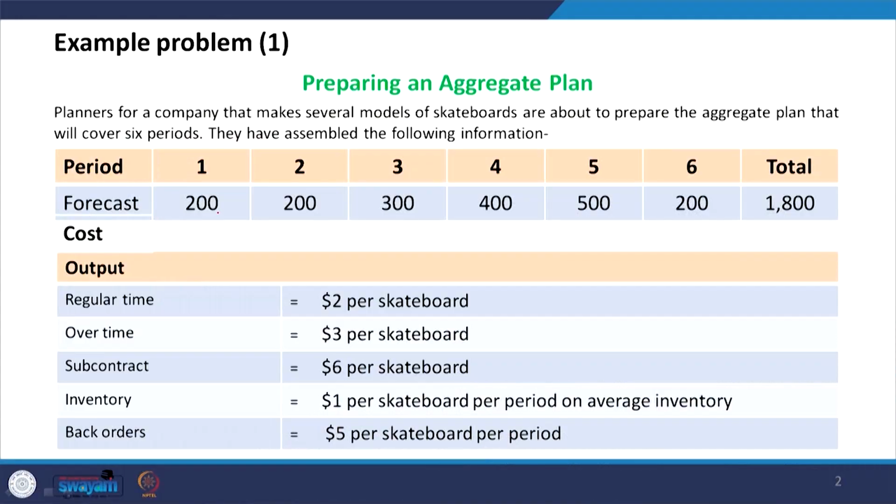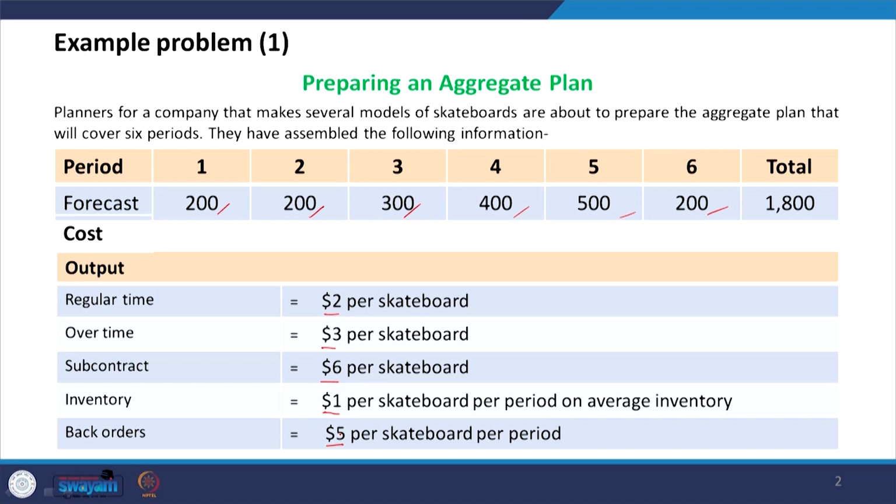Now, we will use the same data which we had in our previous class. Here you have the forecast for 6 periods, and this is a case of skateboards, and some costs are given to us: the cost of regular time production, cost of overtime production, cost of subcontracting, cost of inventory holding and cost of back order.